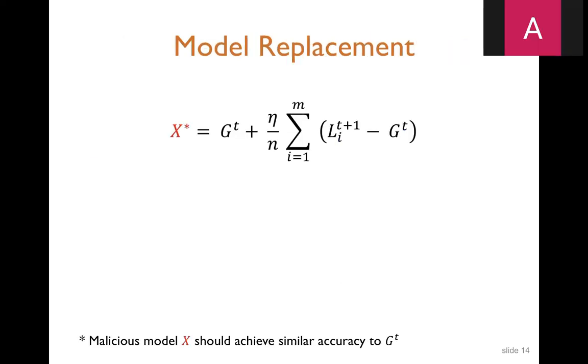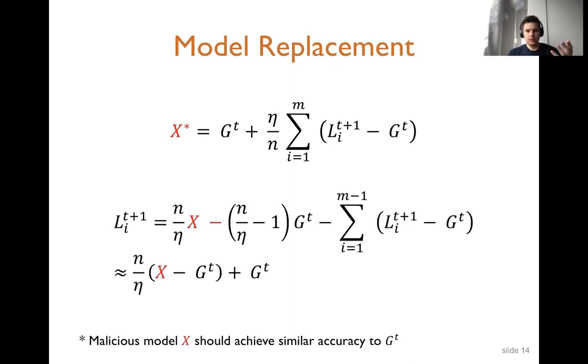So what we need to do here is perform this model replacement, and we just solve this equation for the local model, what the adversary needs to submit.